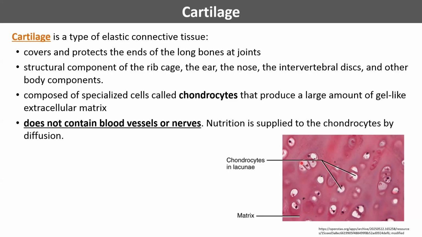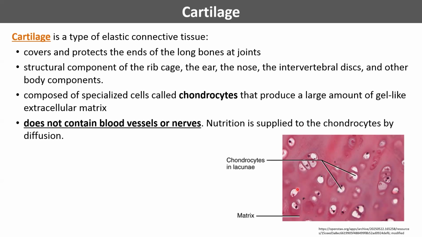And they produce a lot of matrix, and this matrix is gel-like or rubber-like. That means it works very well, first of all, it's slick, it slides, and also it works very well for shock absorption. And that's what allows the bones of the joint to move freely around each other.